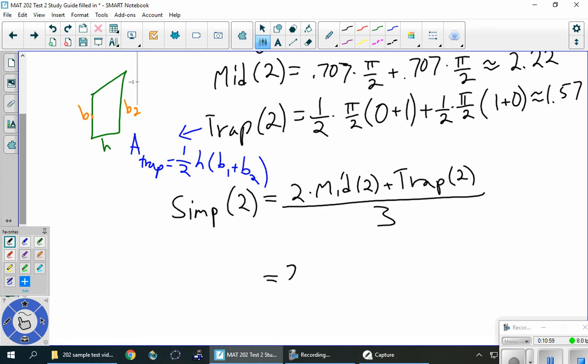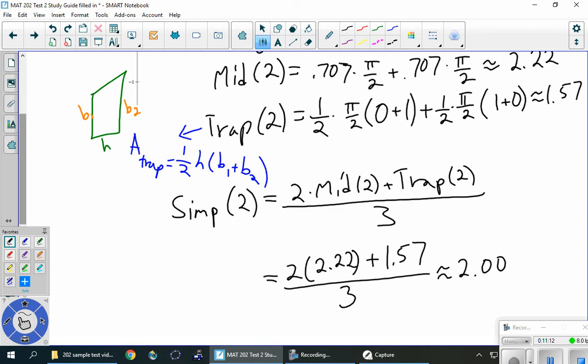So we're doing 2 times the 2.22 that we calculated, plus 1 times the 1.57, and then divide that by 3. And we get something right around 2. It's not exactly 2, but to the nearest hundredth, it is 2.